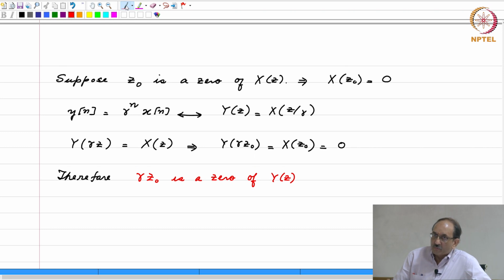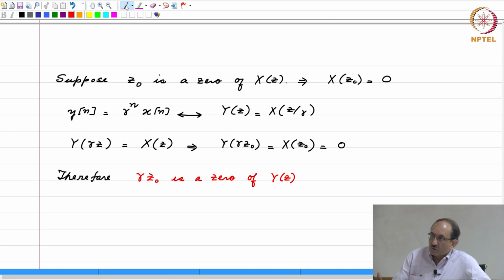The implication of this is that, remember, gamma is in general a complex constant, z naught is a 0 in the complex plane. Therefore, gamma z naught means you are taking the original 0 z naught and scaling it by magnitude of gamma and rotating it by the angle of gamma.